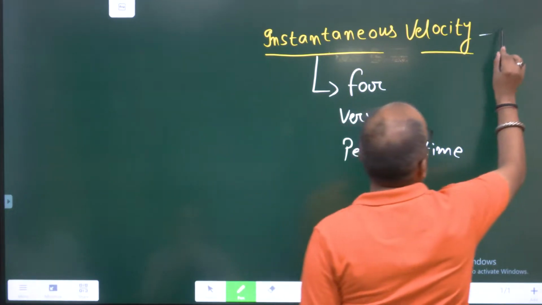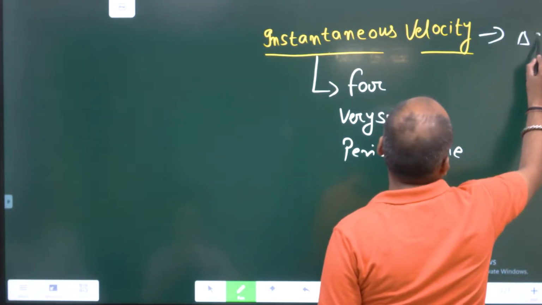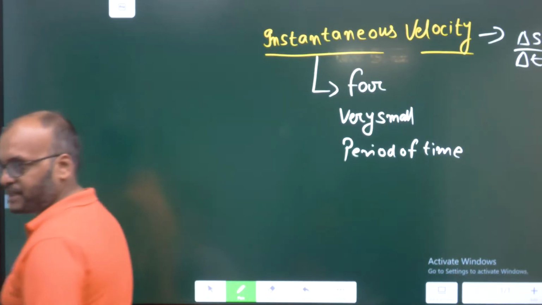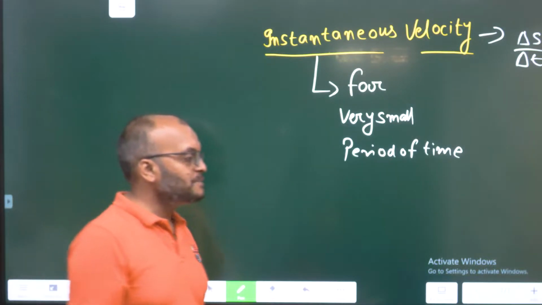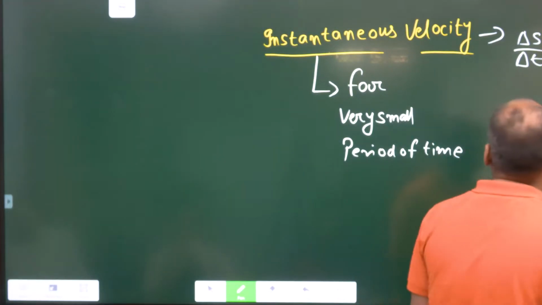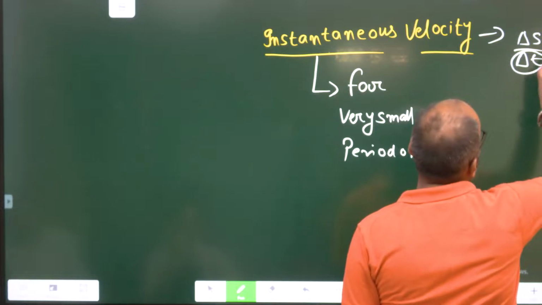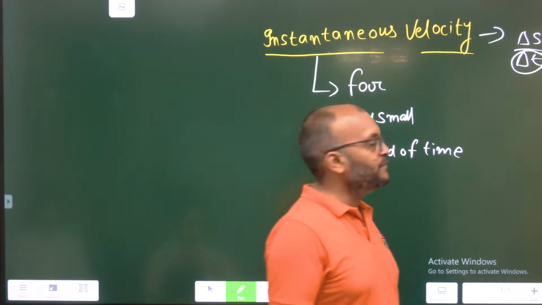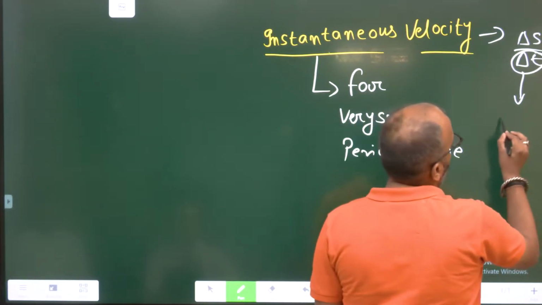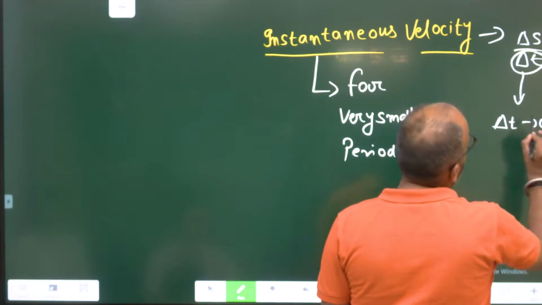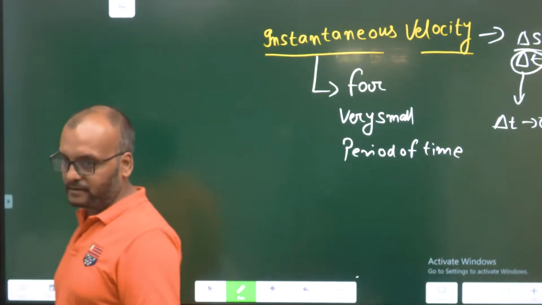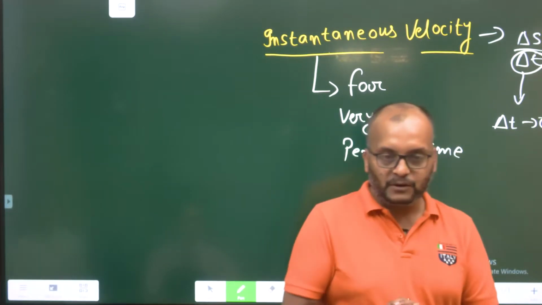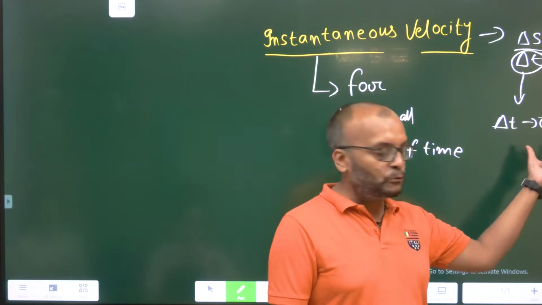Now what is velocity? We all know that velocity is delta S upon delta T, change in displacement upon change in time. Now when I am saying for a very small period of time, that means delta T should be very small, and if delta T is very small, I can write it as delta T approaching 0. It is very close to 0.